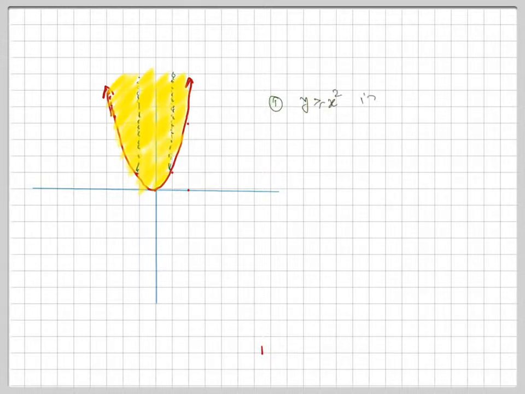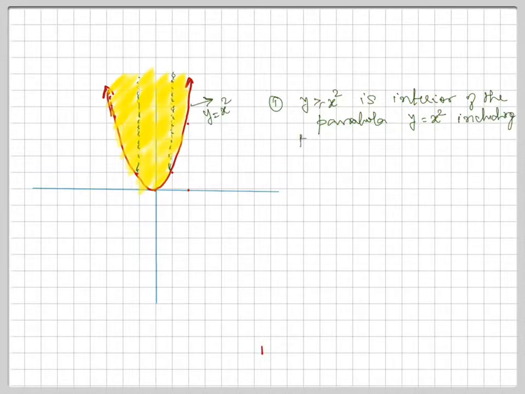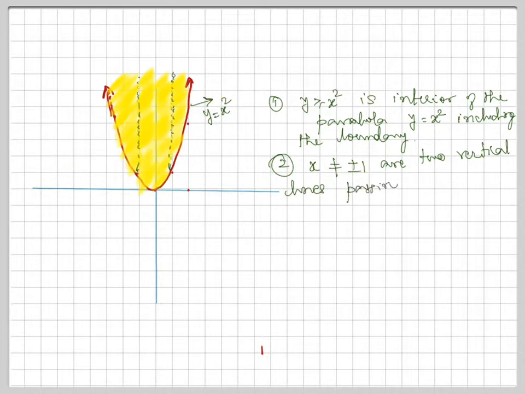So y is more than or equal to x square is the interior of the parabola including the boundary. And x is not equal to 1 or negative 1 gives two vertical lines passing through 1 and negative 1, and they are not part of the domain.